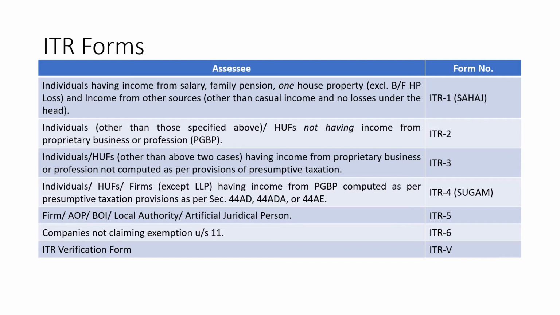Now coming to firms, association of persons, body of individuals, local authorities or any other artificial juridical person, they are required to file their income tax returns as per form number ITR 5. Companies who are not claiming an exemption under section 11 are required to file their ITR in form number ITR 6.